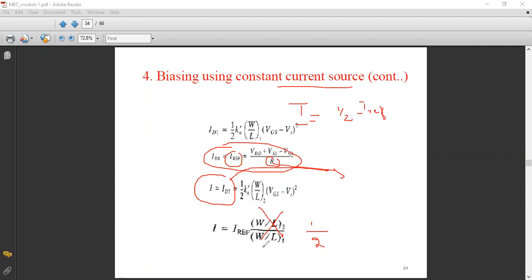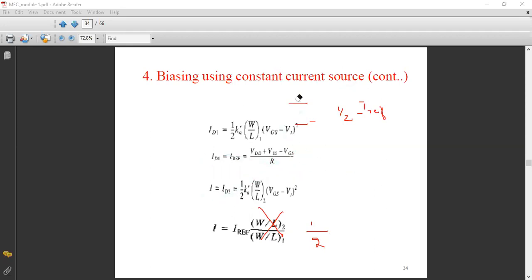Then only I will become I reference. So whenever I reference is equal to capital I, then only it is acting as a current mirror circuit. Otherwise, it is simply a current source. So the desired value of capital I you can design by choosing the transistors' aspect ratios conveniently.